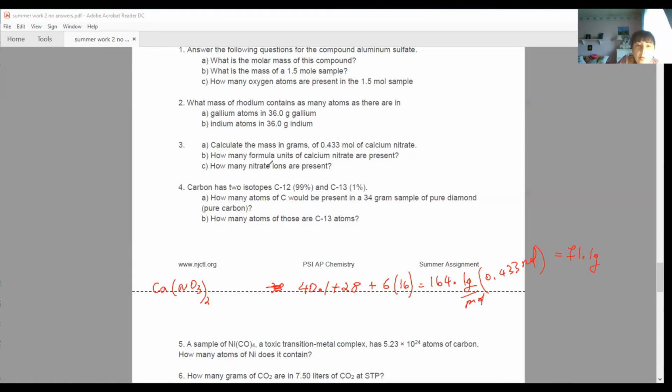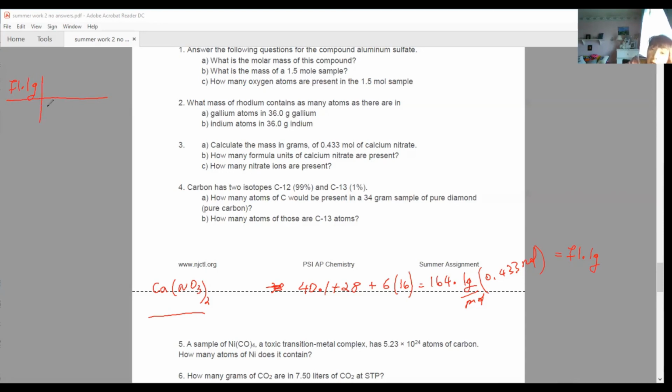How many formula units of calcium nitrate are present? Remember, we cannot talk about molecules because this is an ionic compound. But nevertheless, in our mind we can say how many molecules, and that corresponds to the answer for formula units. So you have 71.1 grams of calcium nitrate. How many molecules are there?